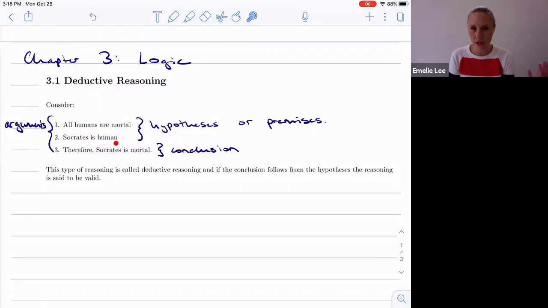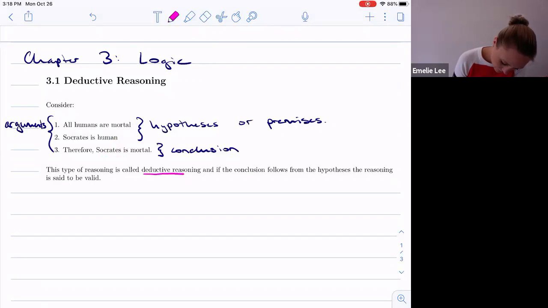Socrates is human, okay, sure. Therefore, Socrates is mortal. This type of reasoning is called deductive reasoning. We're just deducing things that must be true. And if the conclusion follows from the hypotheses, we say that the reasoning is valid. So these are just some terms that we're going to be throwing around and need to have a good handle on.